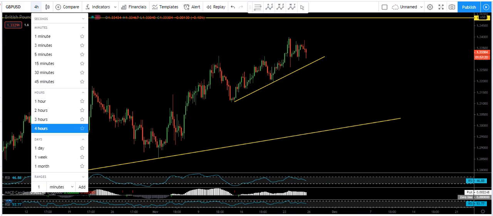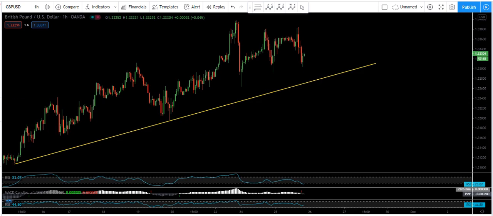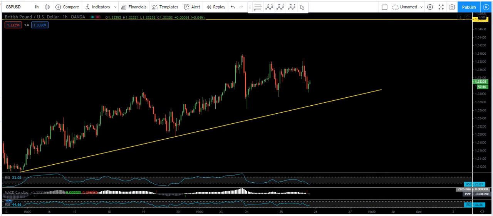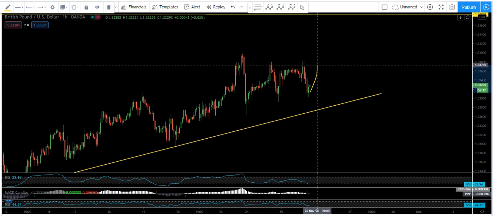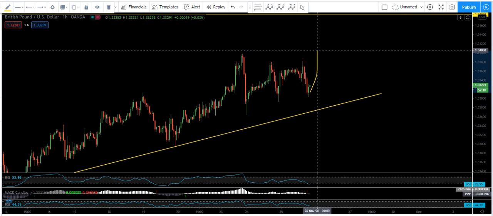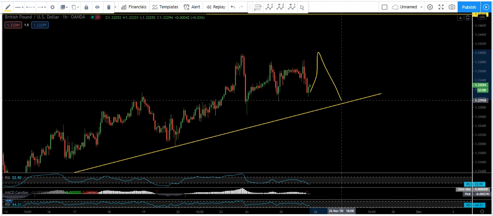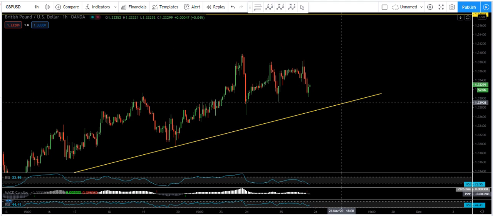How can we trade if I move to the 1 hour chart? It depends. The first option is we wait for the price to come to this level, then if we get any sell from there, we take it. Then when the price comes to this trend line, we start to manage it, whether it can break out or not. And this is one option.